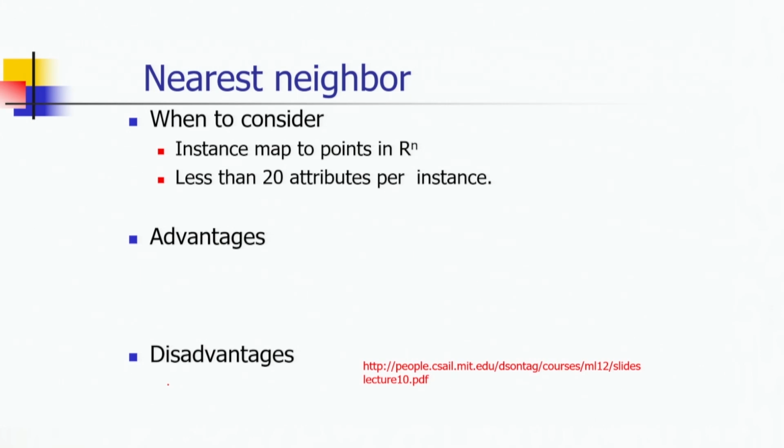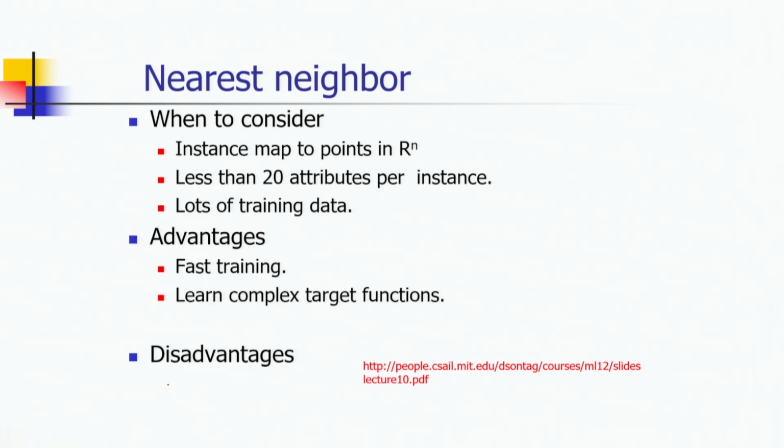The thumb rule is that fewer than 20 attributes per instance should be okay, and you should also have a lot of training data so that it becomes more robust. The advantage here is that training does not require anything, it is just storing the data, as if that is the training. Data collection is the major part, and it also learns complex target functions.